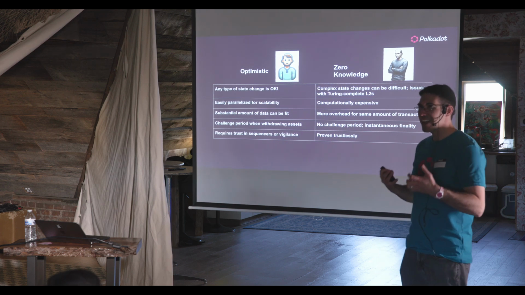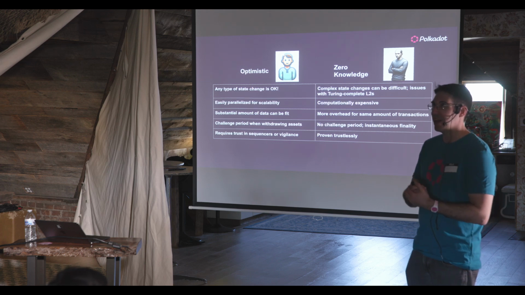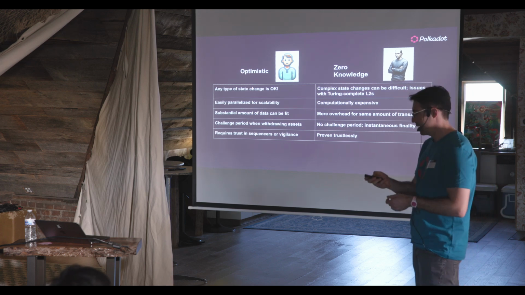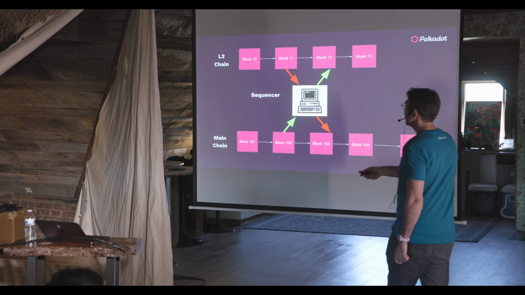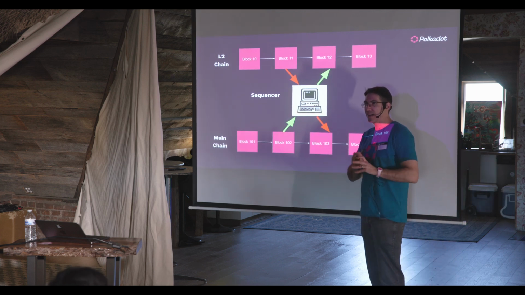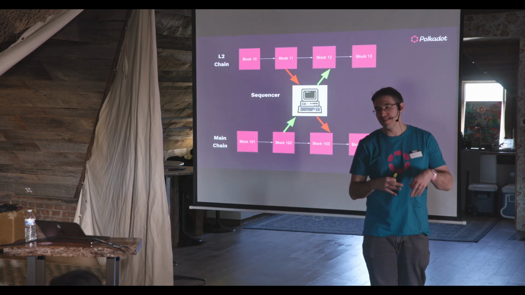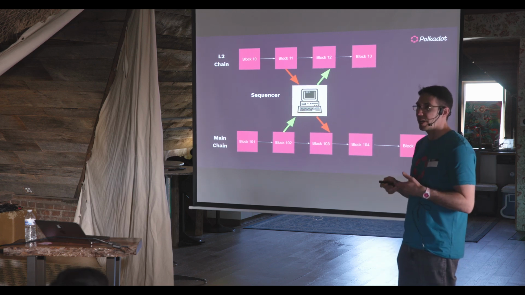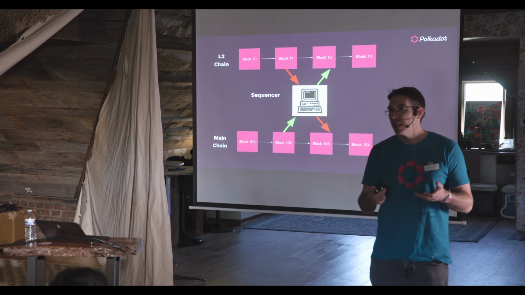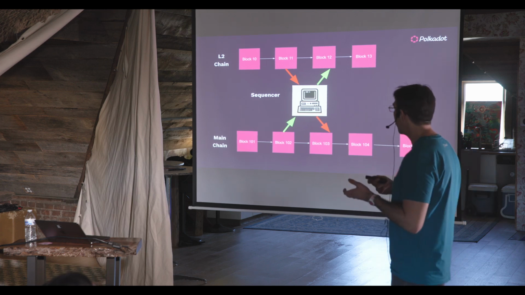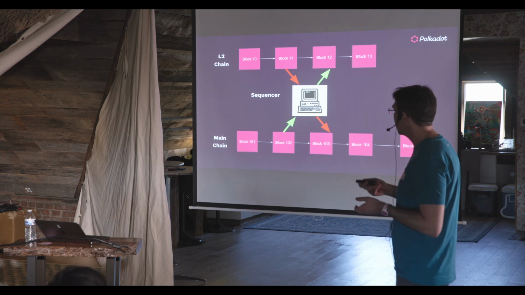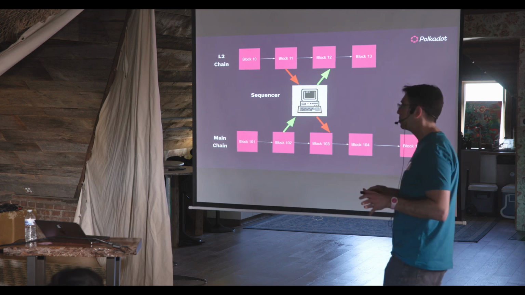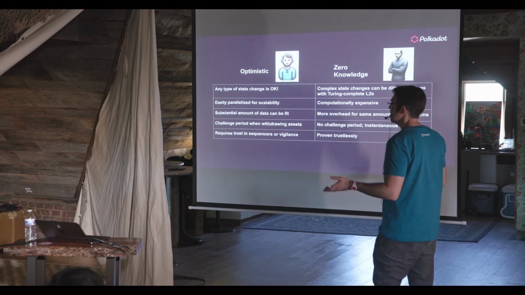He says, I assume everything is going to work out fine. If nobody says that this sequencer is lying to me, then let's just assume it's okay. So we'll give people 7 days or something, and if no one issues what's called a dispute, or a fraud report, that the sequencer is lying, then we'll just assume it's okay. So he's very optimistic.